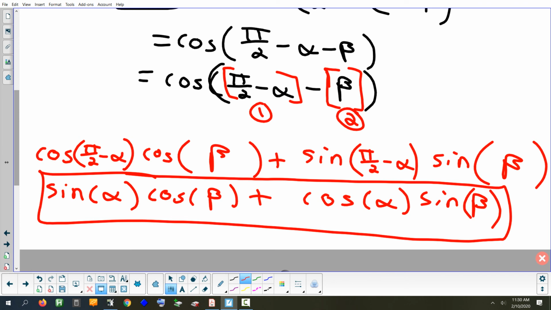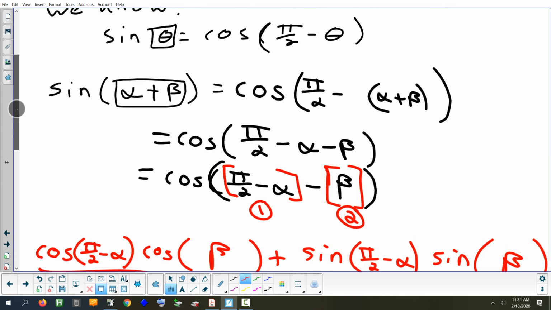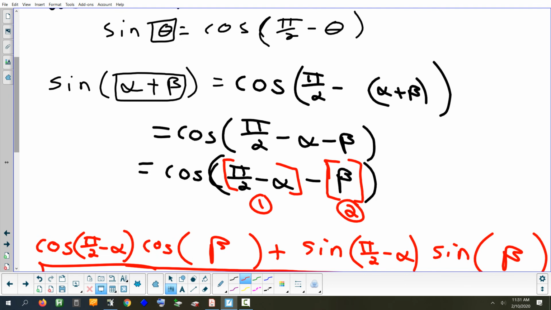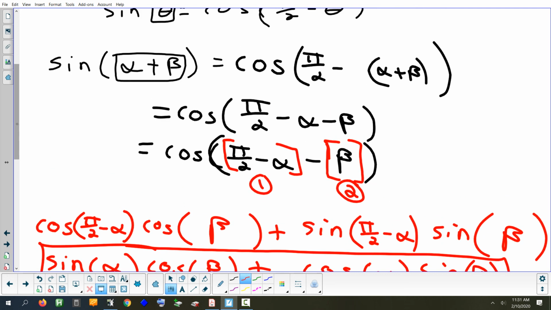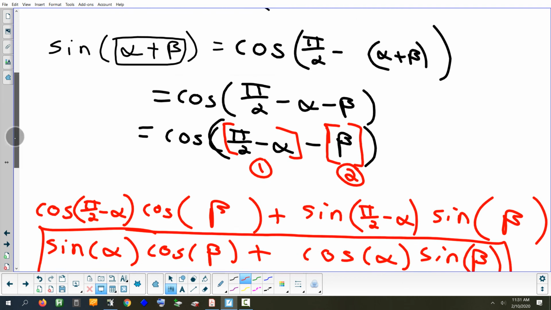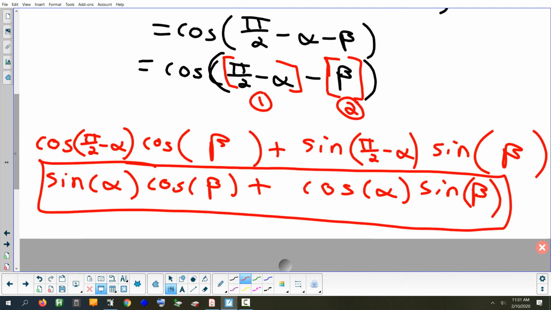A couple things you can try to remember: when you have sine, the operation here matches the operation here. With cosine, it didn't happen. It was the opposite. With cosine, they were grouped on the left and they were grouped on the right. The trig function stayed separate. When you have the sine sum or difference, which I'll show you in a second, they're mixed. You have a sine, cosine, cosine, sine on each side.